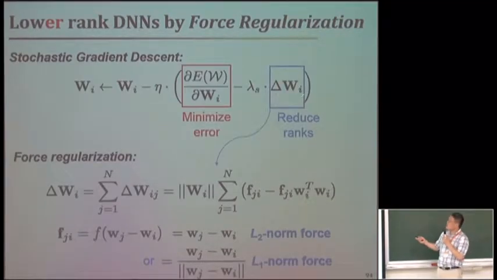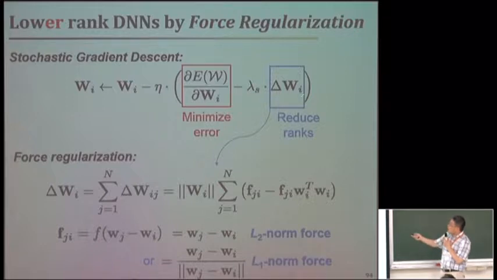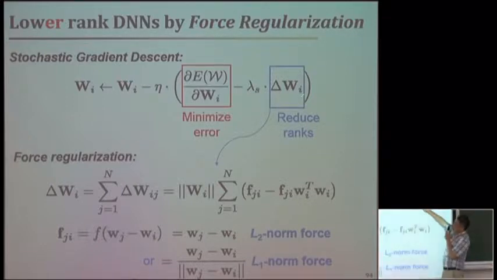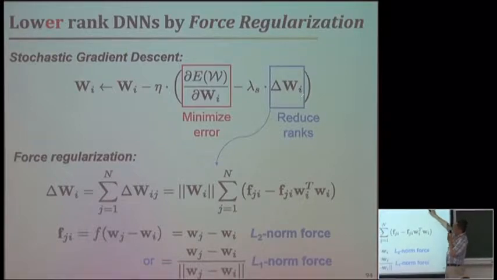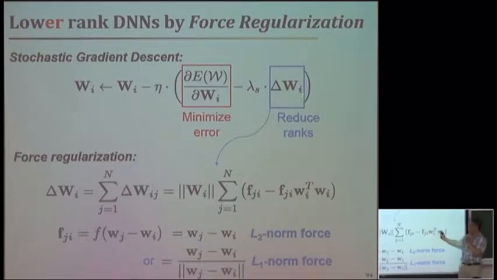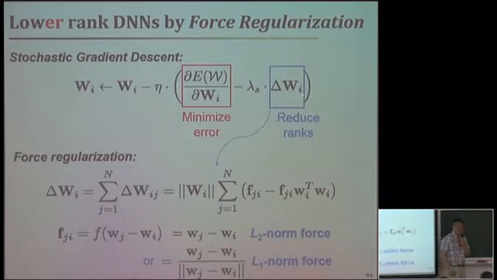Those are the details of how you can do it. You can minimize the error, the reduced rank, which is basically the difference between the different filters, and this can be represented by this equation. It's basically the force times the difference, and we can use an L1 norm or L2 norm to calculate this difference. That's very similar.